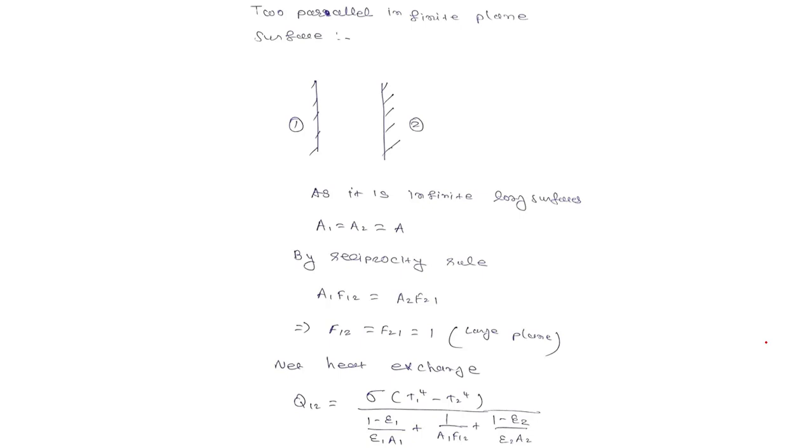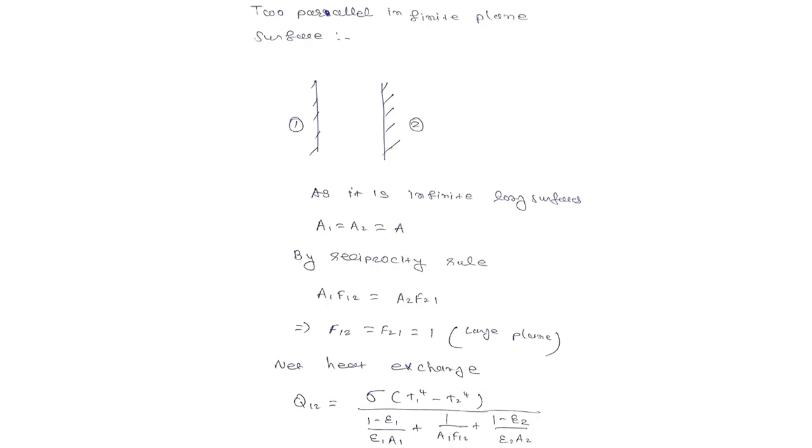Good morning, friends. In today's lecture, we will discuss heat exchange between two parallel infinite planes. Now, consider two planes 1 and 2, both infinitely long, with the area of the first being A1 and the area of the second being A2.